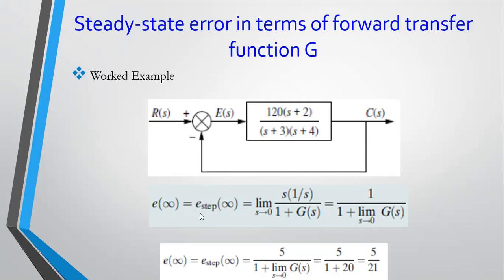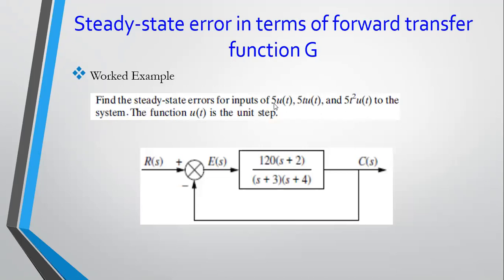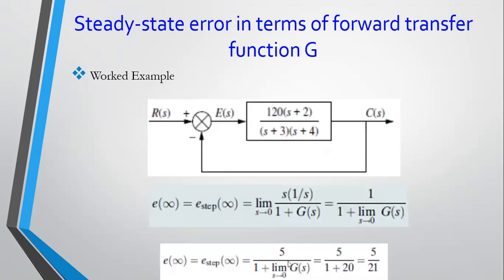So the steady state error for step, we've shown that already. So this term had been derived already, and now we just have to plug back. Of course, when you had unit step, that was 1 over s. This is why you have 1. Now it is 5 times the step, so you're getting a 5 on top here. Just replace the limit of G(s) as s tends to 0.